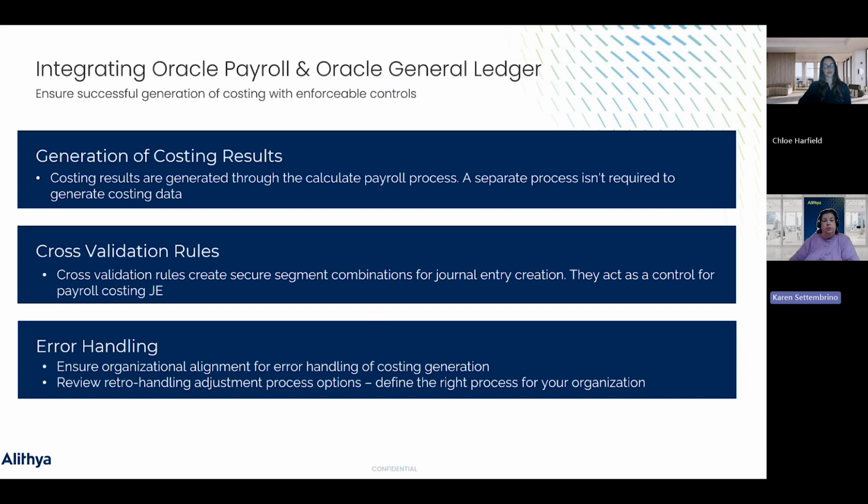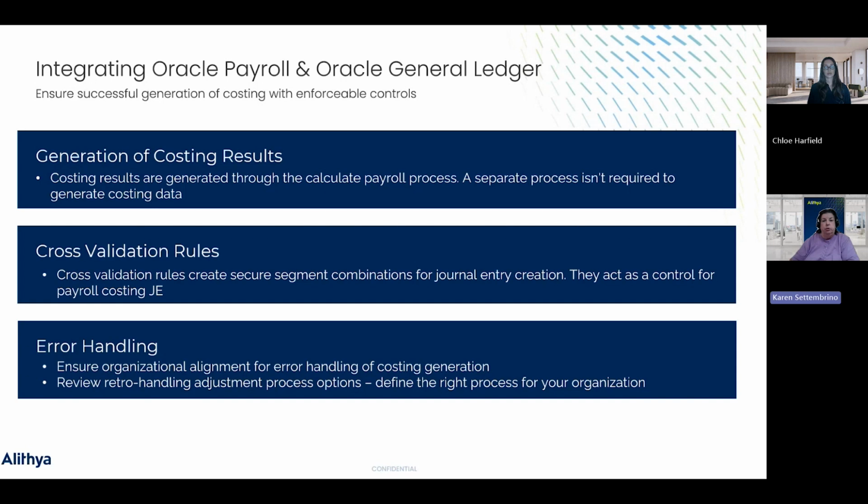As far as error handling is concerned, there's a couple of different ways that error handling can happen within the system. Most times, what we recommend within Alithya is you should always run your transfer to general ledger process in a draft mode and see, are you hitting any cross-validation rules?